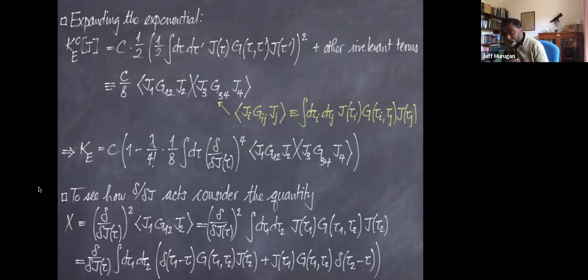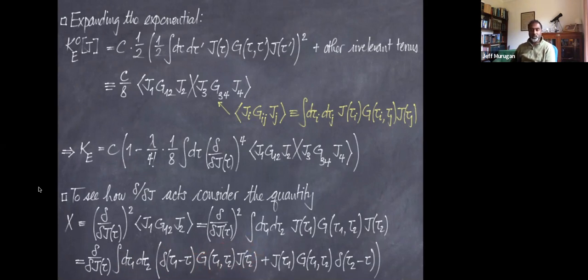But if I look at this expression here, in the first integral, so this is two integrals, right? I can split up the integrand into two, so I can distribute the integral. In the first integral, I have a delta of tau 1 minus tau, and I have an integration over tau 1. The Dirac delta function, you will recall, is a sampling function. It samples everything else in its argument in the integrand at tau 1 equal to tau.